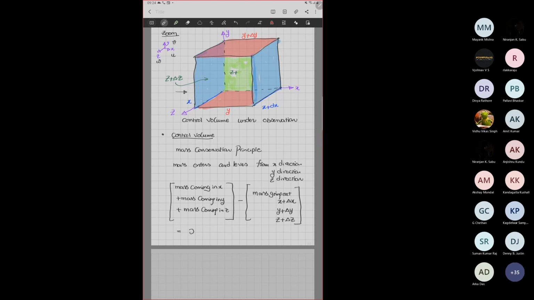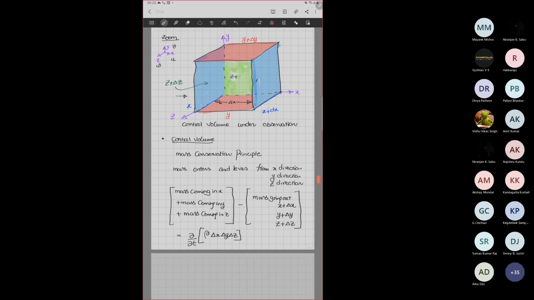So del by del t, the variation happening in terms of mass, which is density multiplied by the volume delta x, delta y, delta z. Because the planes are at x location, x plus delta x, y plus delta y, z plus delta z, this is delta x, and in the y direction, this is delta y, the volume.